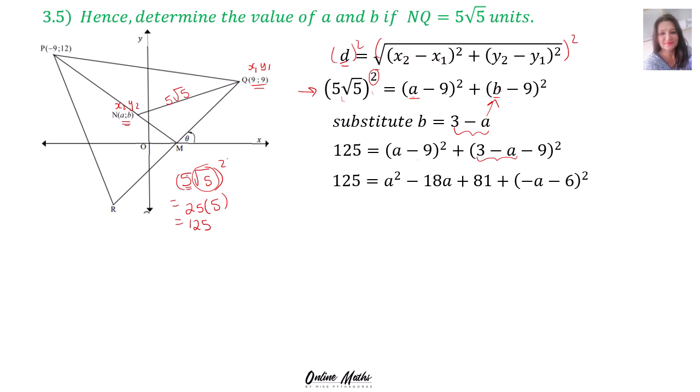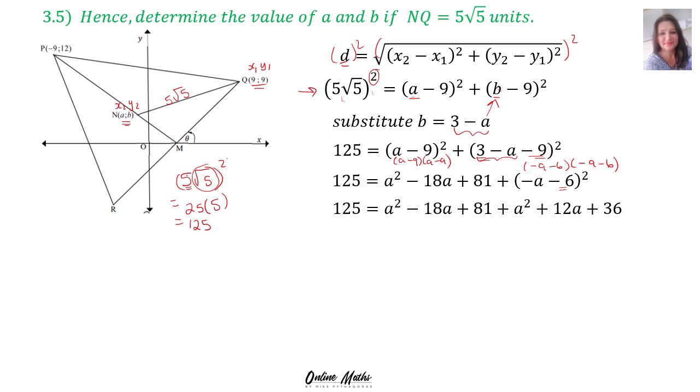Then we can say 125 equals, this thing is A minus 9, A minus 9. You FOIL it out, you end with A squared minus 18A plus 81. And then what I did here was I said 3 minus 9 is negative 6. Then in the next step, I'm going to do this minus A minus 6 twice, minus A minus 6.